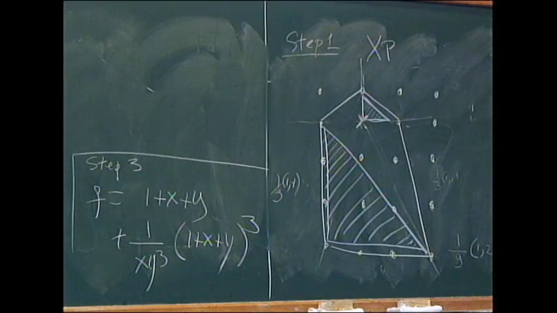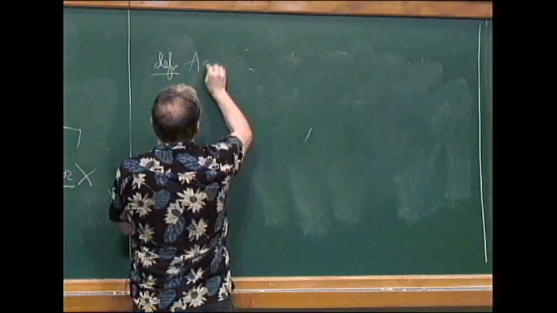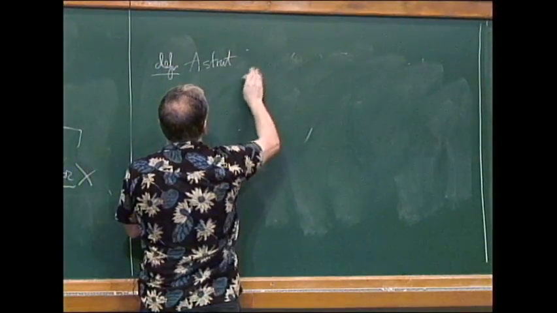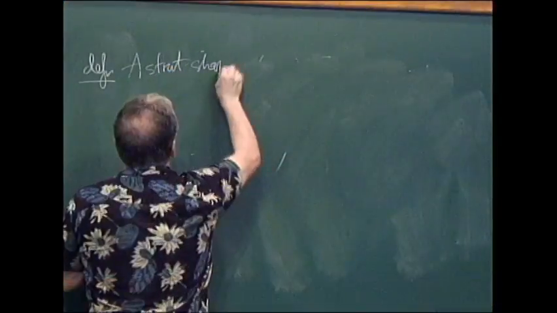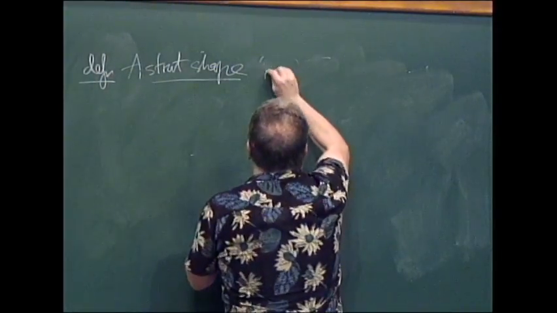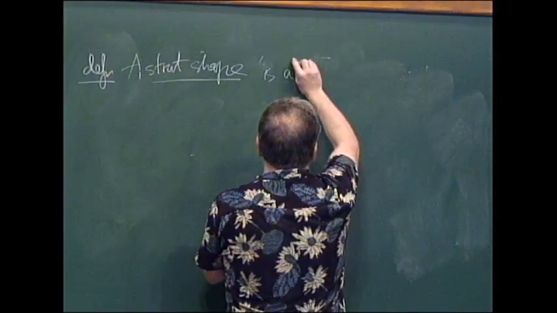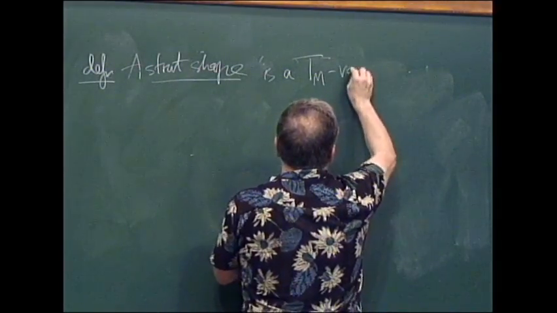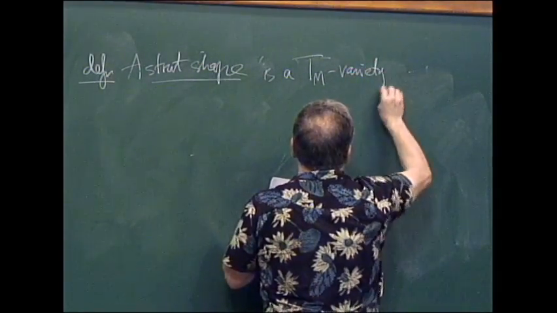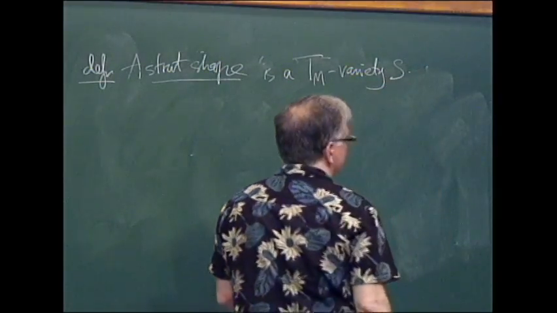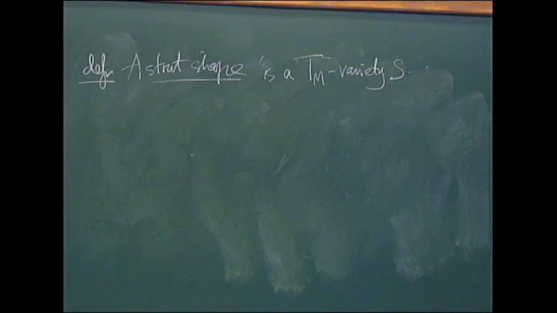So a strut shape S is just a toric variety for the torus Tm. So this is a polygon in N.